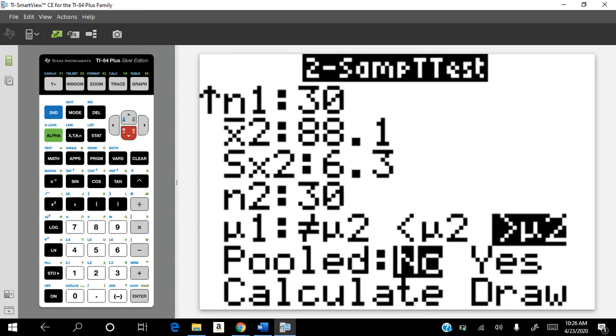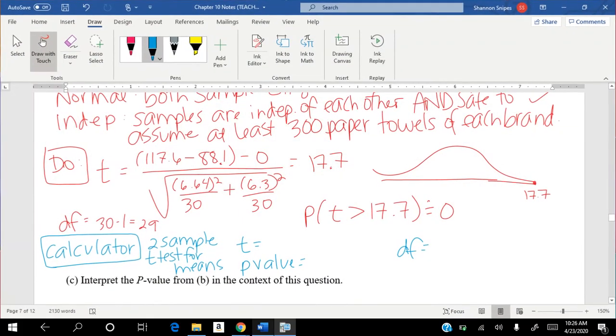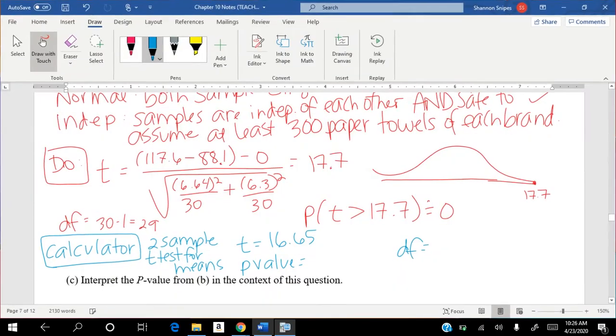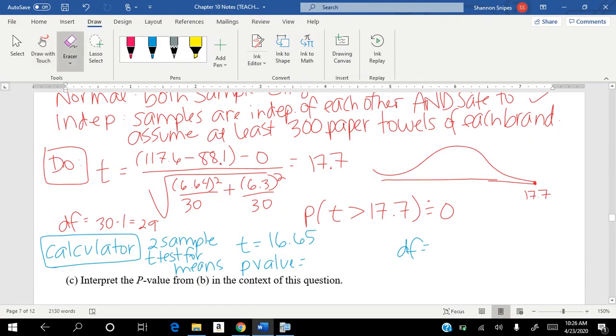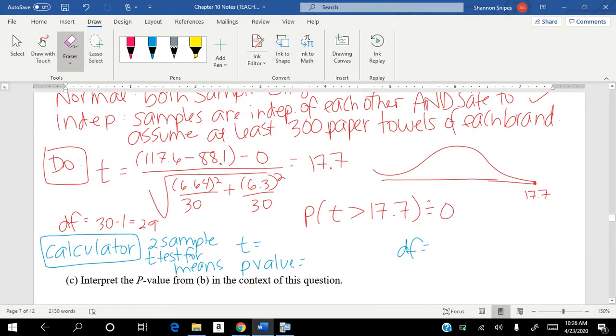All right, so calculate. I said the wrong thing. Hold the phone. The T-value is 17.65, not 16.65, which matches the 17.7 I got.